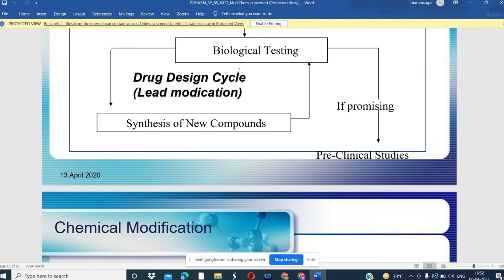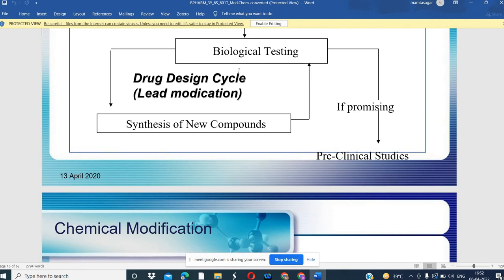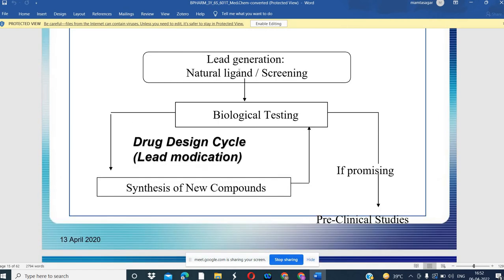To save all this, we can study it in the computer, we can carry out computational studies. That is very useful. We do the virtual screening. We can do a lot of things within the computer. We can carry out quantitative structure activity relationship, QSAR studies.